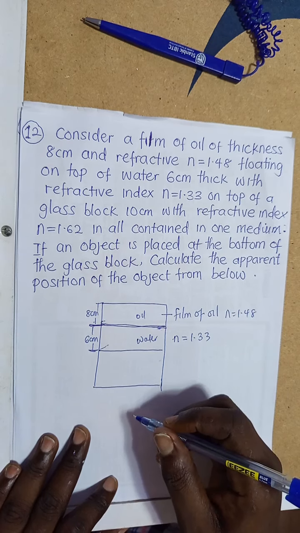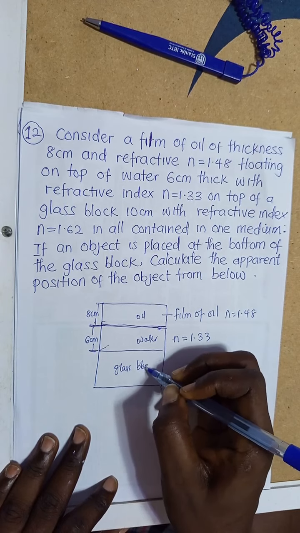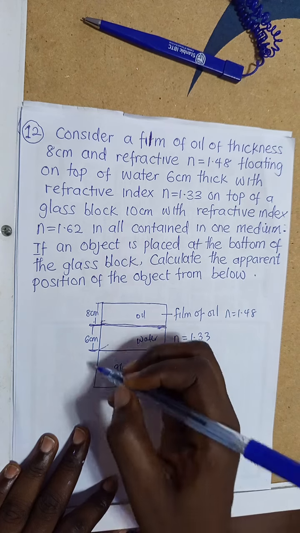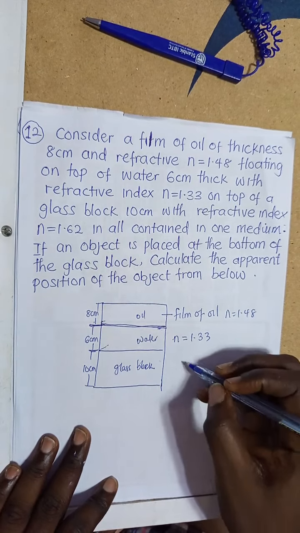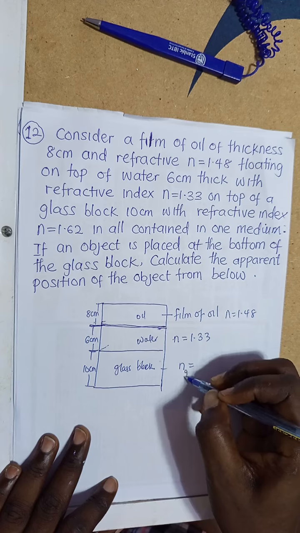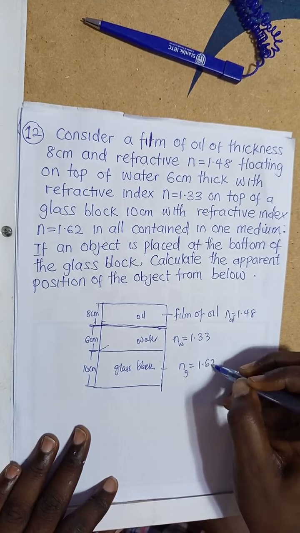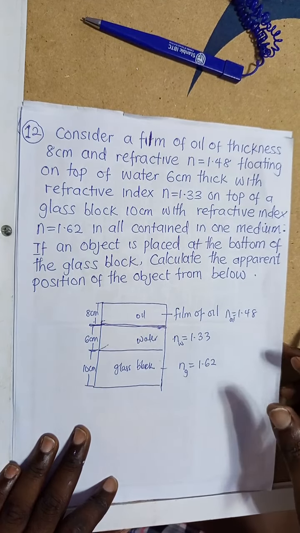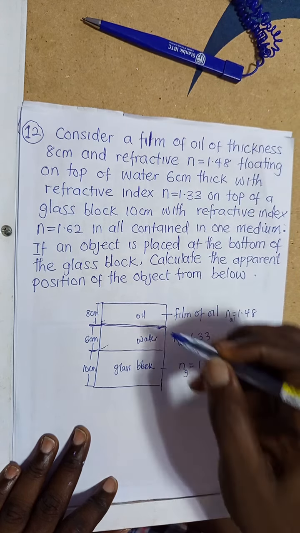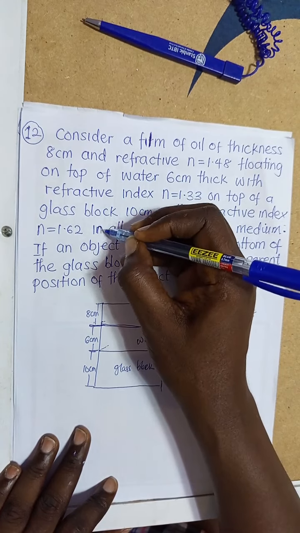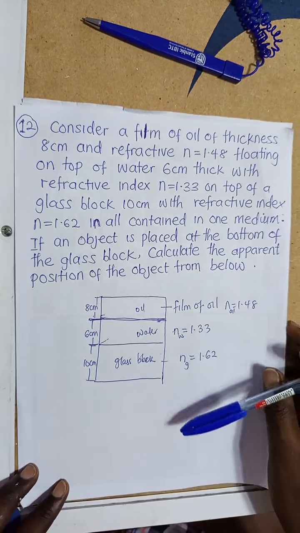Now, on top of a glass block, the length of the glass block is 10 centimeter, with a refractive index of 1.62. In all, they said all of them are contained in one medium.